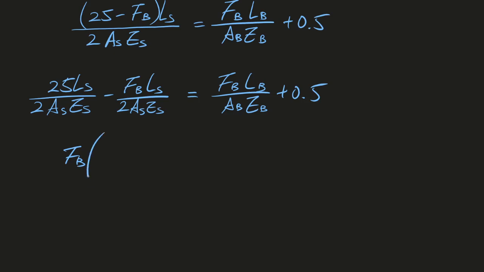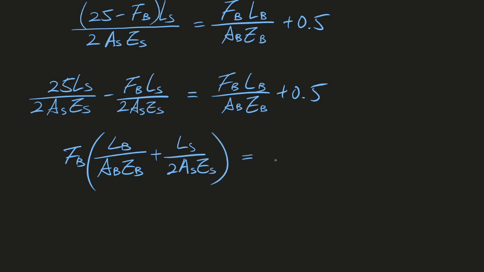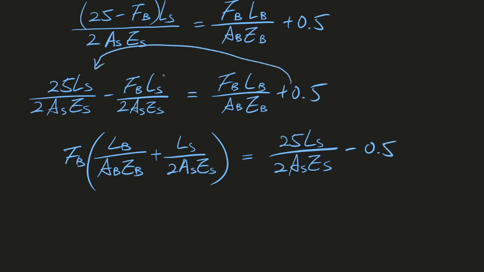So Fb big brackets Lb over Ab Eb plus Ls over 2 As Es is equal to 25 Ls over 2 As Es minus 0.5. All I did is move 0.5 to the other side and move this part to the other side.